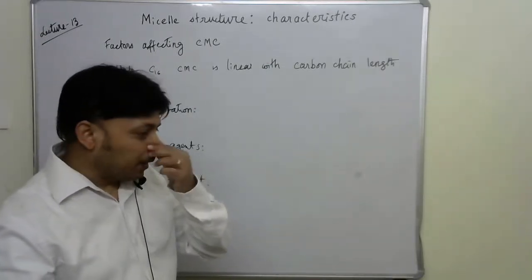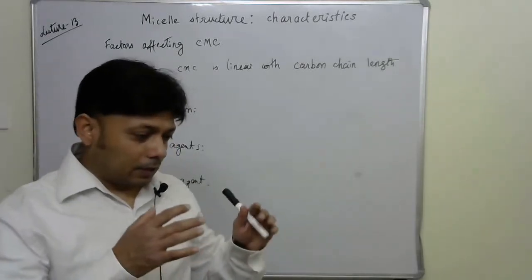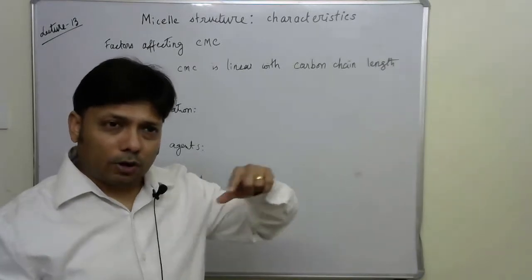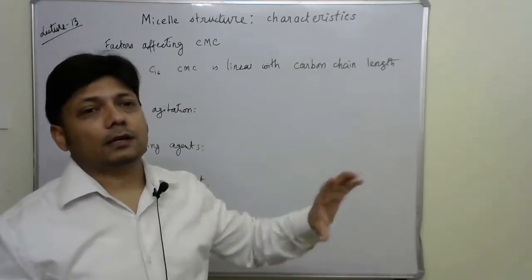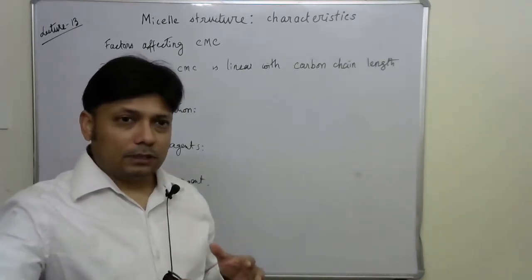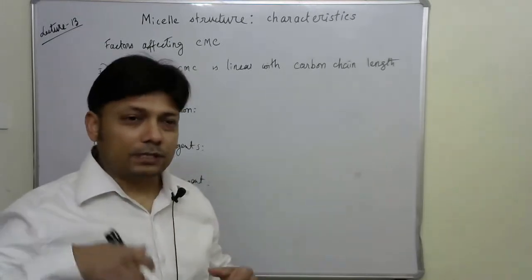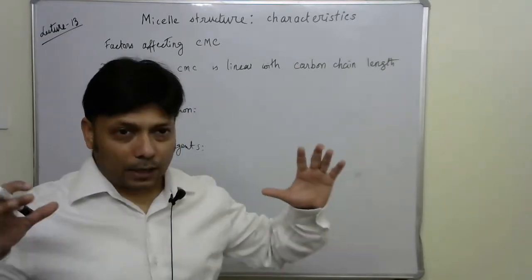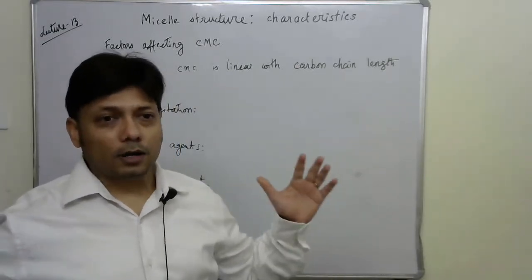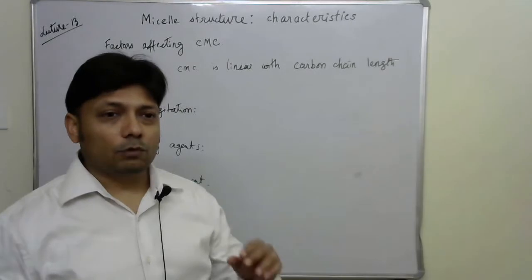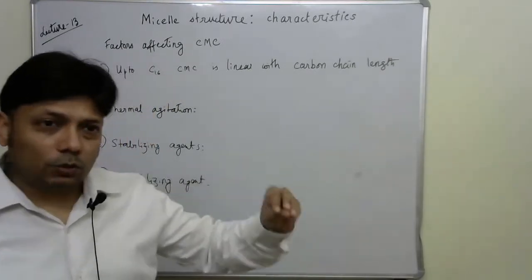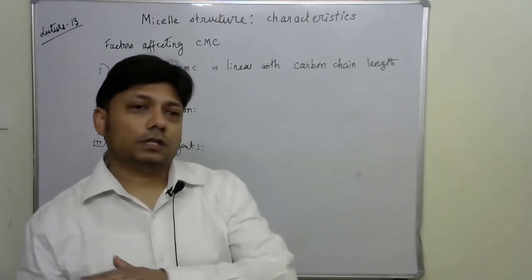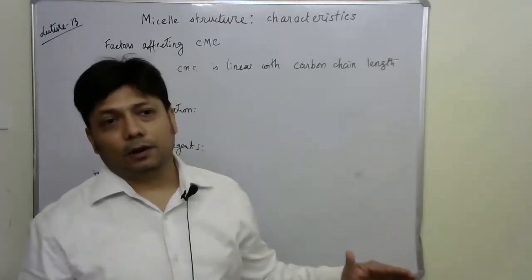So suppose if I have a C10 chain, that means the surfactant molecules whose hydrocarbon chain consists of 10 carbon atoms, versus C12 molecule versus C14 and versus C16. If we make a series of these four surfactant molecules, then we will see the CMC would gradually change from C10 to 12 to 14 to 16, all right, by following a linear fashion.